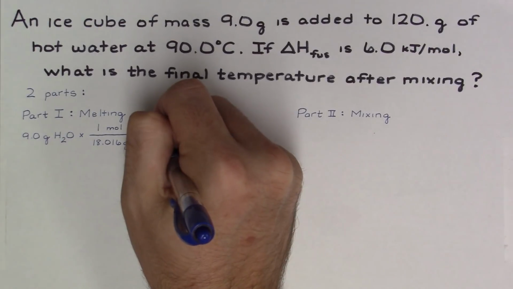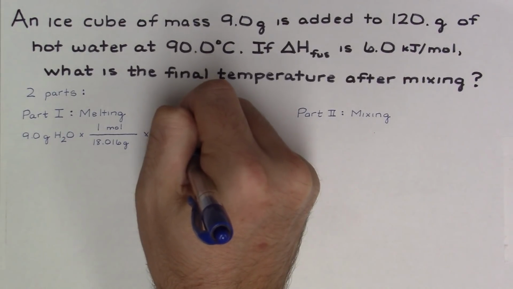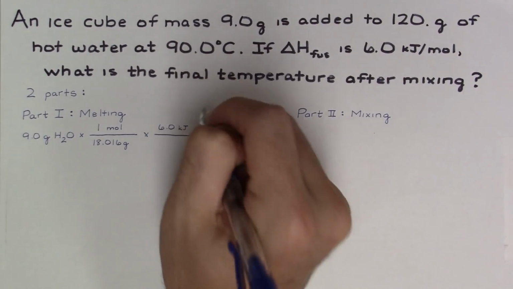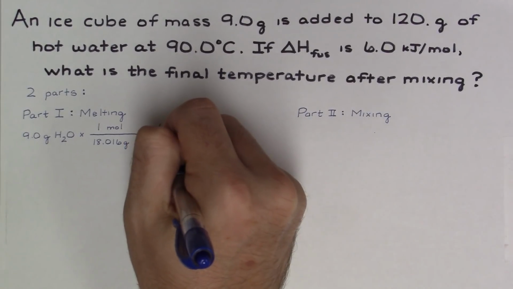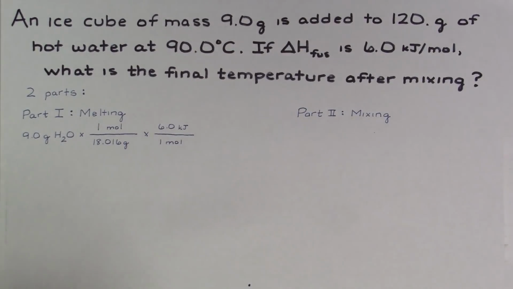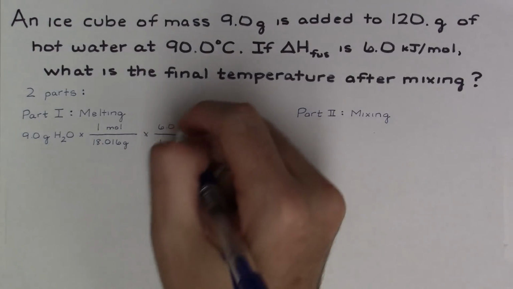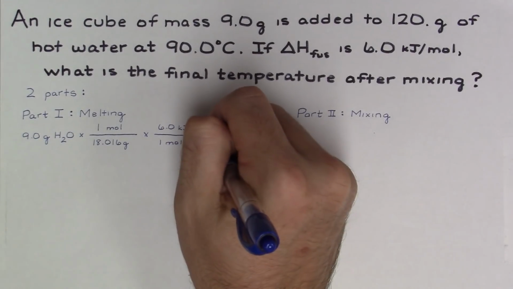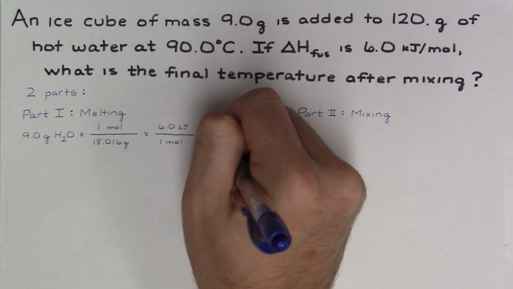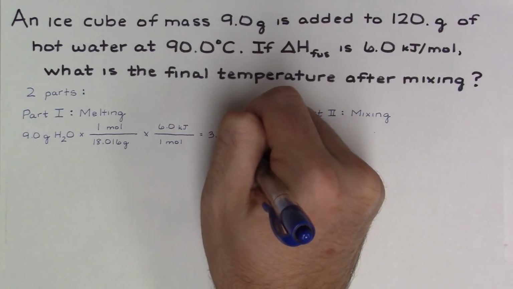And now we can multiply that value times our heat of fusion. So we're going to put 6.0 kilojoules over 1 mole. This value would be supplied to you. If we do this math, you'll get a value of 3.00 kilojoules.